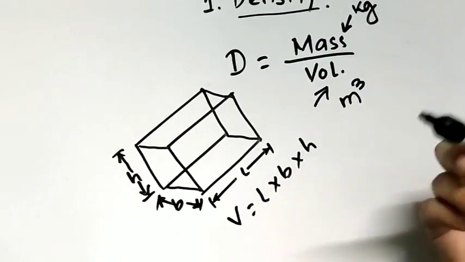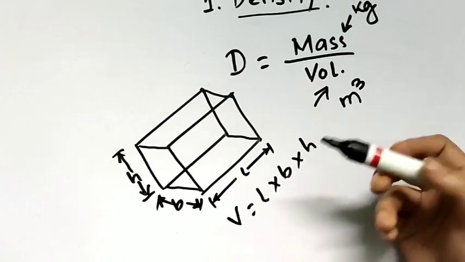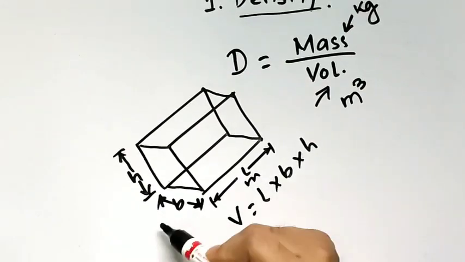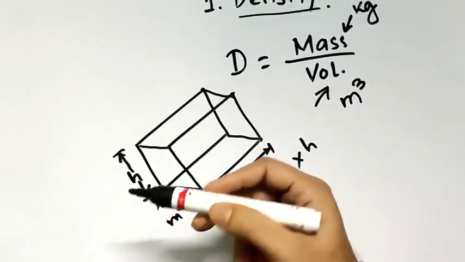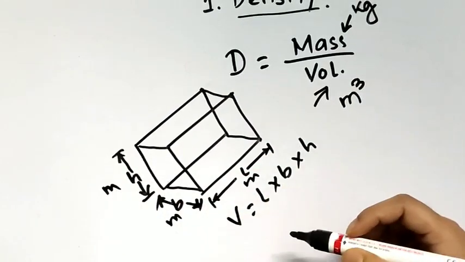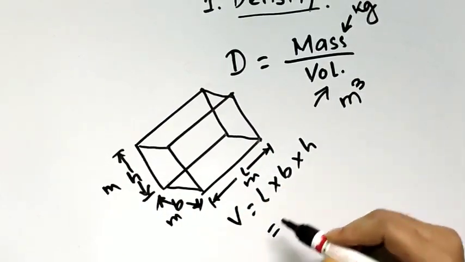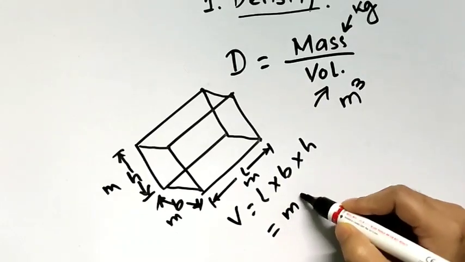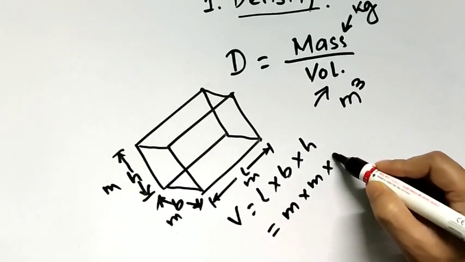As we are talking about the SI units, what would be the unit of length? Meter. Breadth, meter. Height will be measured in meter. So when I am writing the units, it will be meter into meter into meter.